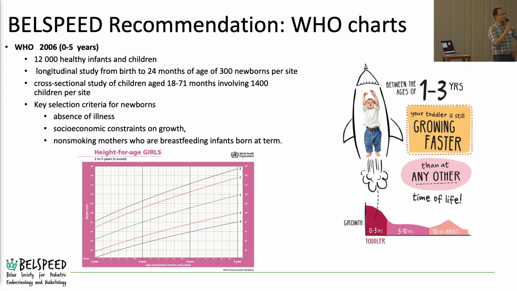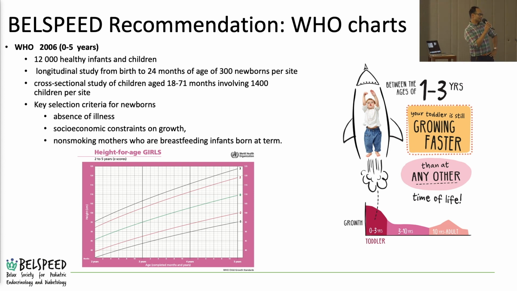There were also cross-sectional studies, and I think the key selection criteria were that they were healthy newborns, healthy children. There were no socioeconomic constraints on growth, so they were affluent offspring. And also, the mothers had to be non-smoking, and they were breastfeeding the infants, who were born at term.